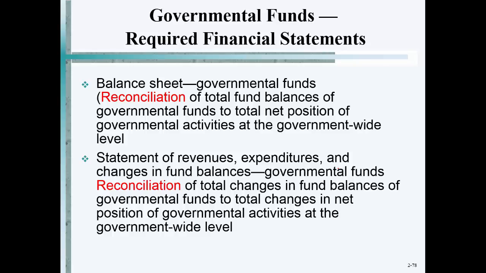So let's say I purchase some equipment for $1,000, and I purchase it out of the general fund. What would be the entry in the general fund when I purchase that equipment? $1,000 cash, I pay for it.